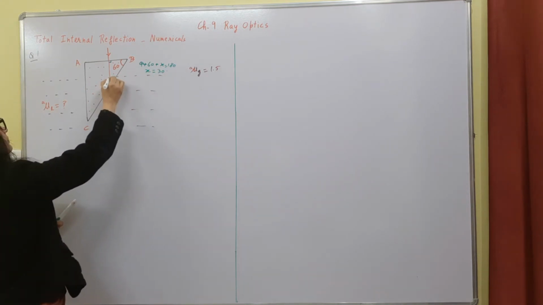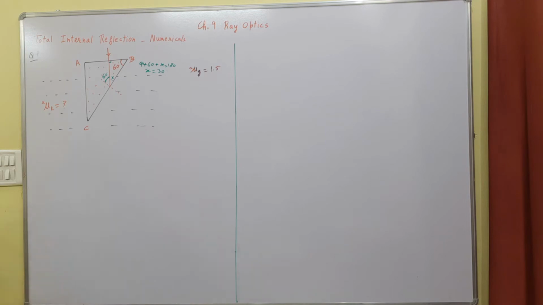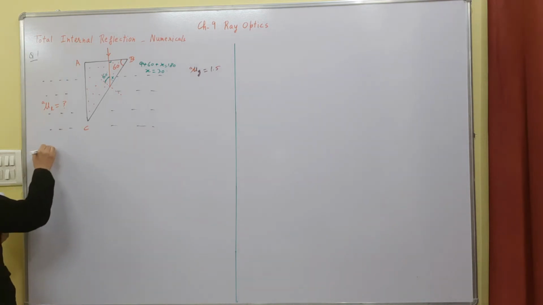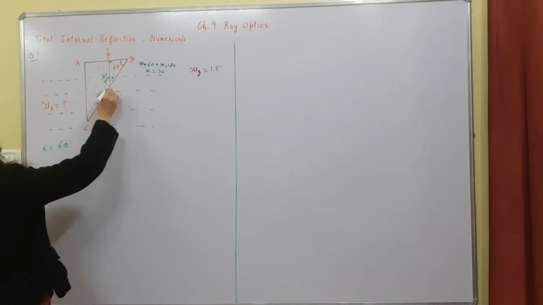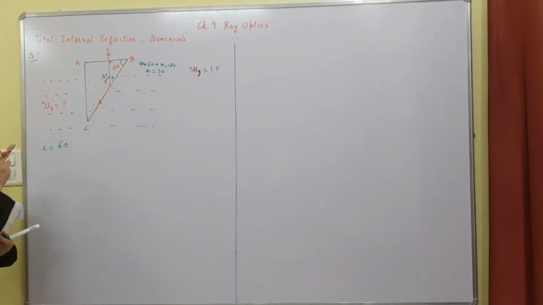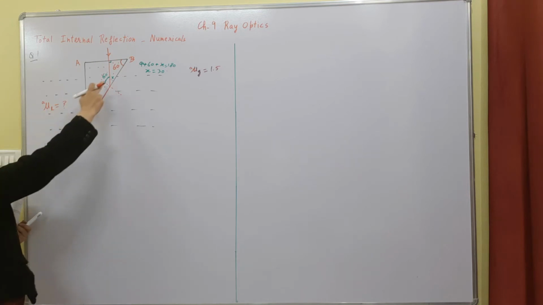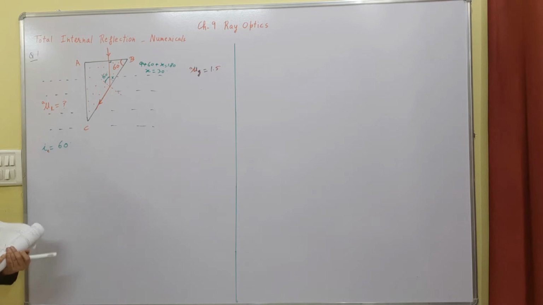So this is 30, that means this is 60 degree, right? So that means angle of incidence is 60 degree, right? And they are saying that this ray grazes along BC, means it moves along BC. That means this angle is critical angle, right?